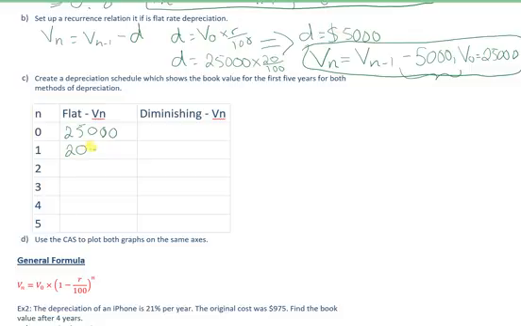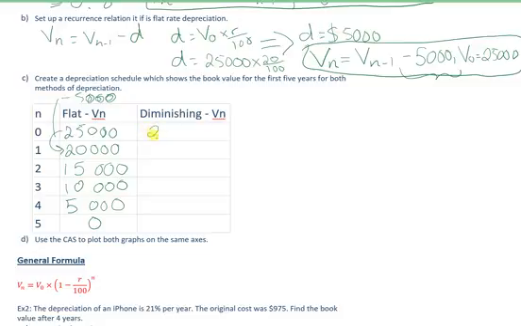So 25 minus 5 is 20, minus 5 is 15, minus 5 is 10, minus 5 is 5, and finally 0, because each time to get to the next value we subtract 5,000.